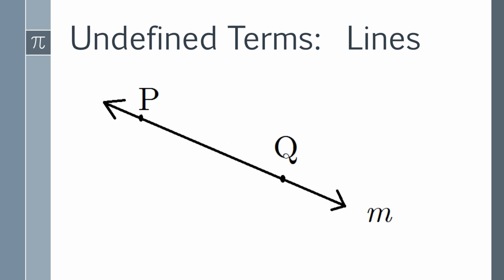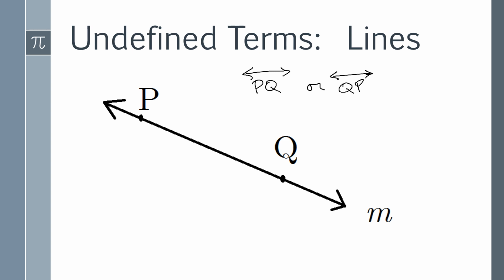Okay, so here's an example of line PQ. We said we can name this line a number of different ways, like we showed you earlier. This could be line PQ or line QP, and either one of those is correct.